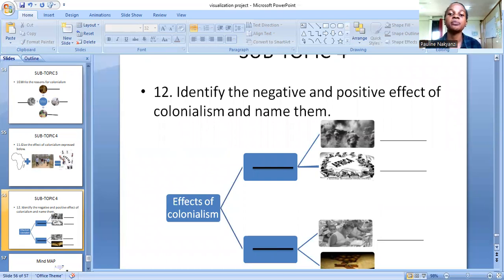And then I put pictures on either hands of the mind map. First, I put the people at war, then Africa being grabbed, then the person learning, and then a rosary with a Bible. So here, I think students can relate and give the correct answers.